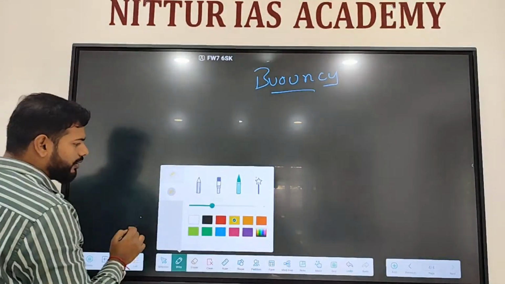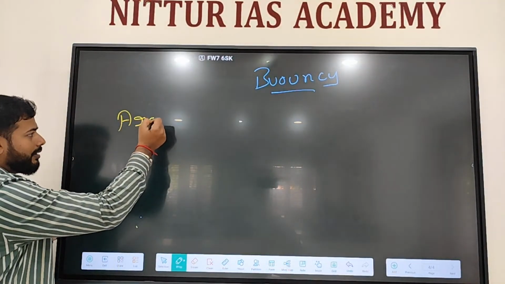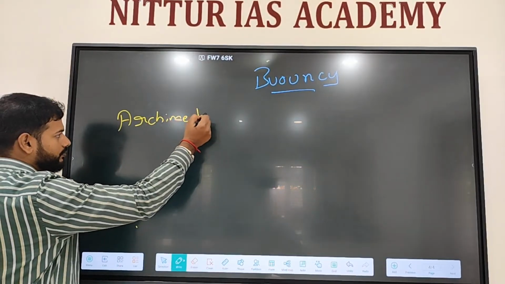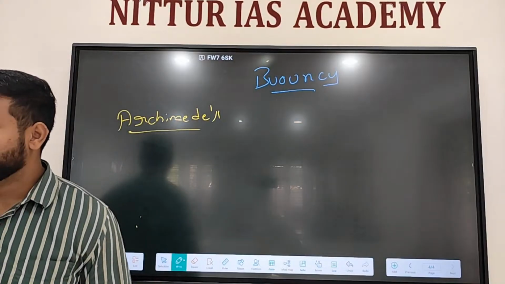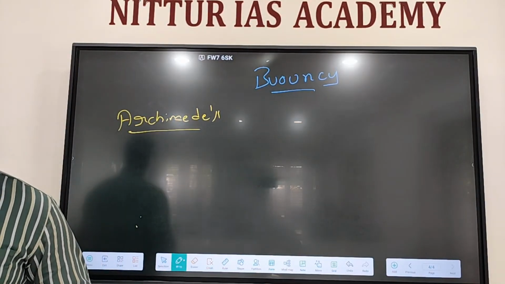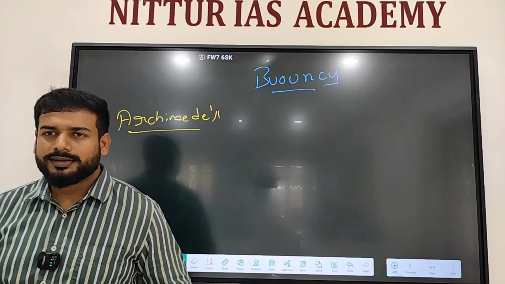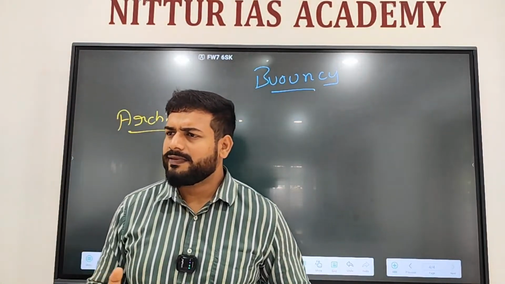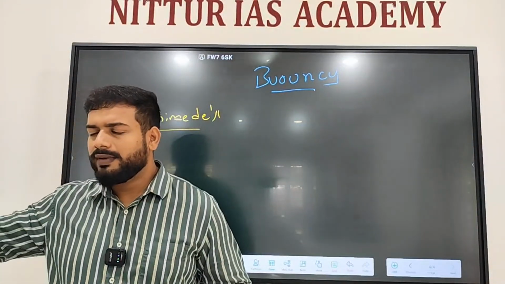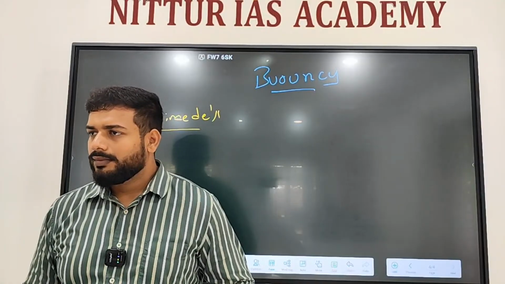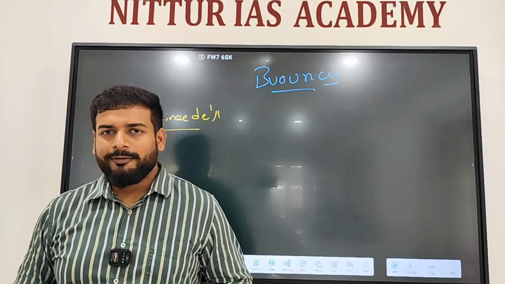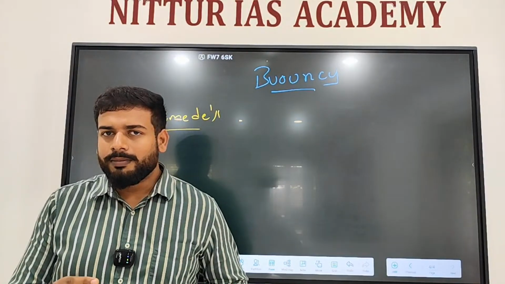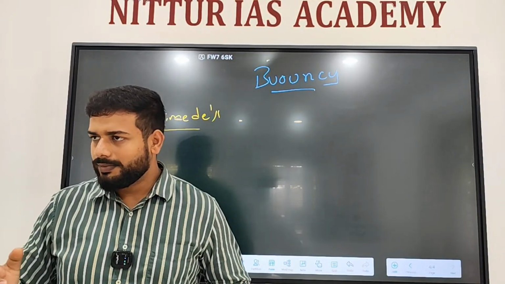Have you heard the name Archimedes? Archimedes was a philosopher, a scientist, a physicist, etc. He was living in a European country under a king. One fine day, he went to take a bath inside a bathtub.